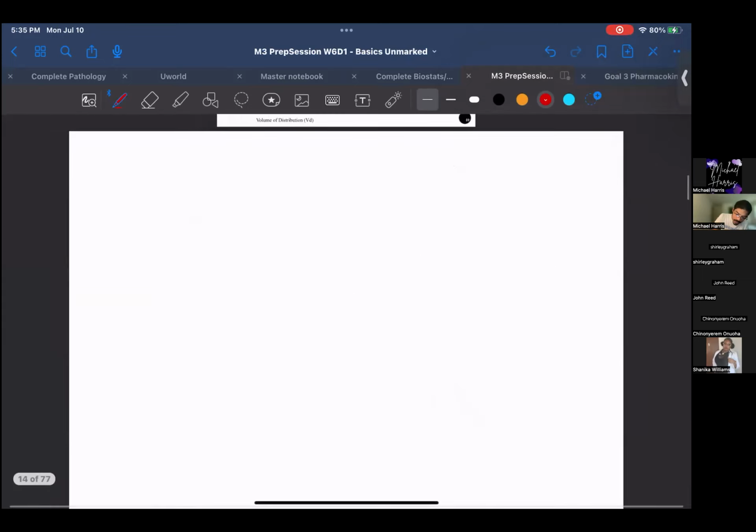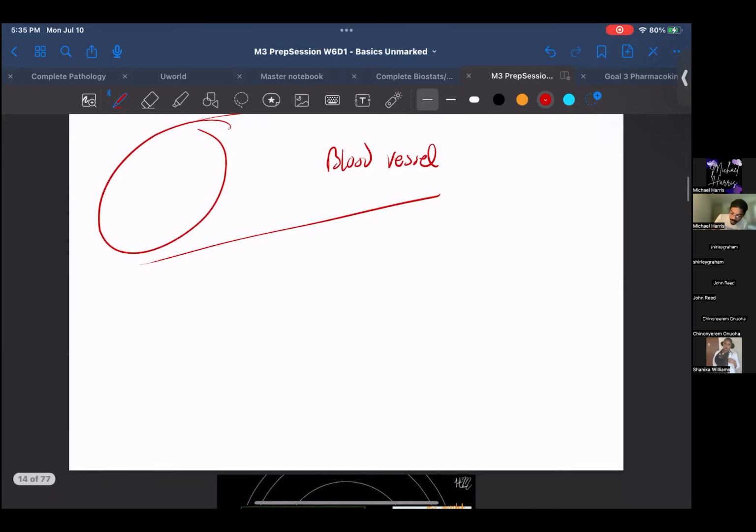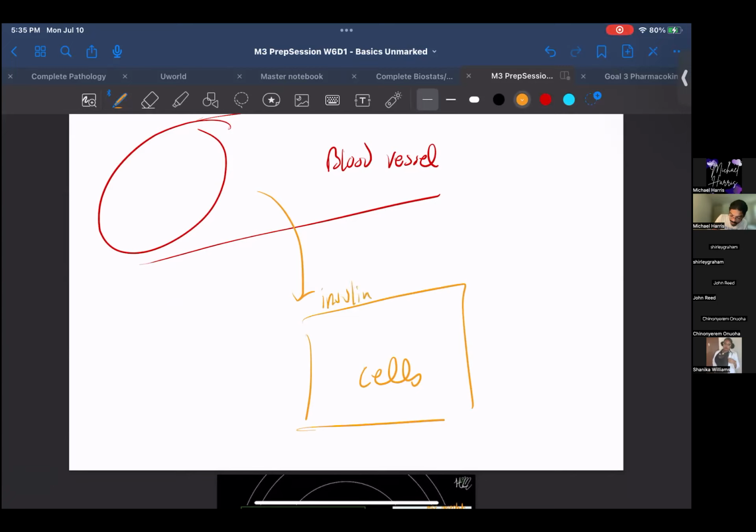Something that's supposed to leave the blood vessel and go inside the cells, like insulin, for instance. Let's give a name to this drug, like insulin. Which one has a higher volume of distribution? The one that's stuck in the blood vessel, or the one that can get out of the blood vessel and get into the cells? Yes, this one. Perfect.